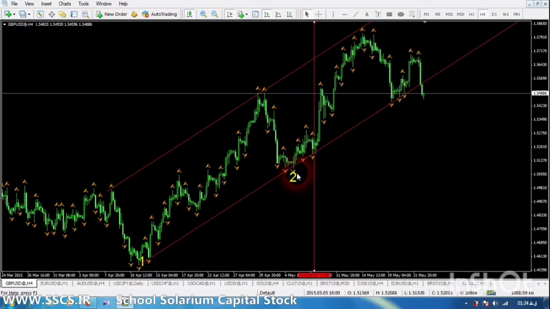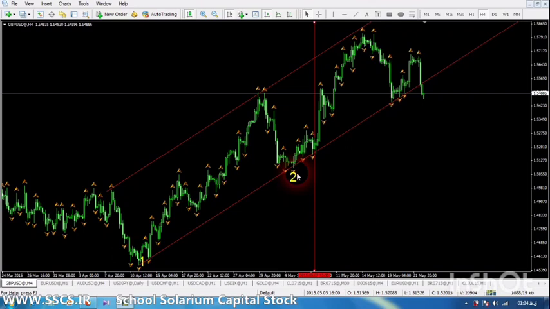So what do these fractals do? They show you the swing highs on your market where your price has been closed, and the new price can't go any further than the previous one. That is when you're going to have a fractal.